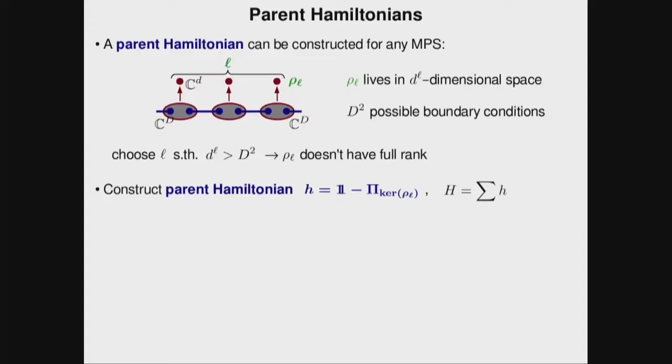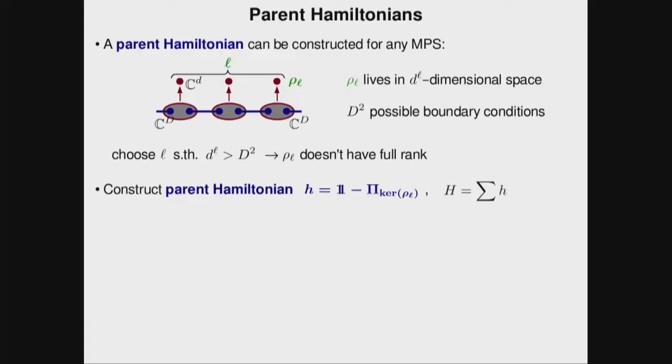And in exactly the same way we can build a Hamiltonian by saying, let's choose an operator which is 0 on the states which we can get. Oops, this shouldn't be 1 minus, I guess. It should be the projector onto the kernel. So anyway, don't look at the formula, think about the intuition. We want a positive semi-definite operator, like a projector, which is 0 on the states which we can get and positive on the states which we cannot get, and we know there are such states from counting arguments.